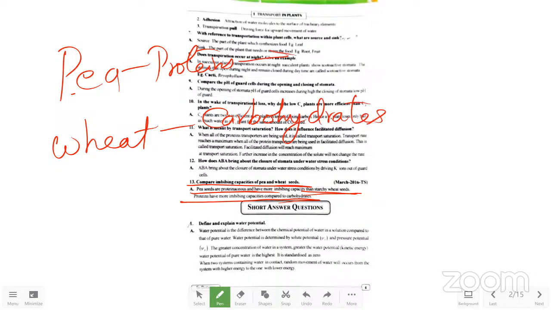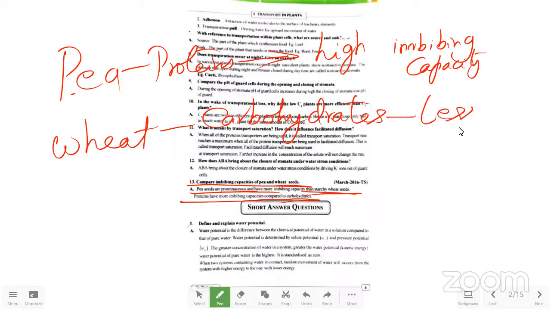So proteins have high imbibing capacity and carbohydrates have less imbibition capacity. If you write like this, you will get 2 marks.